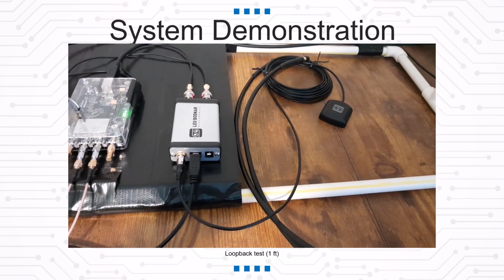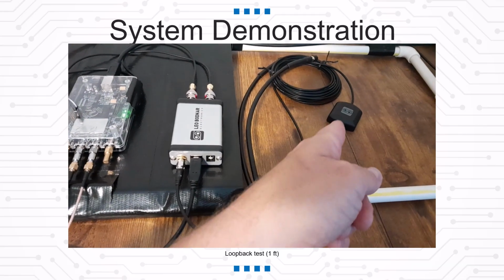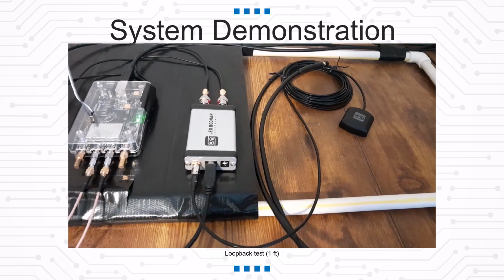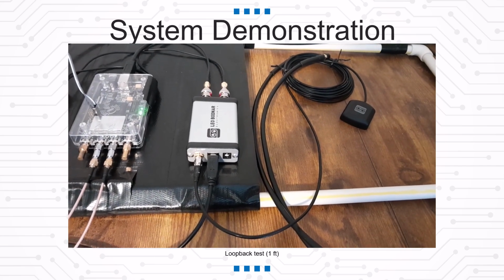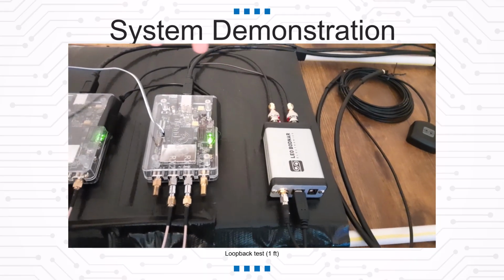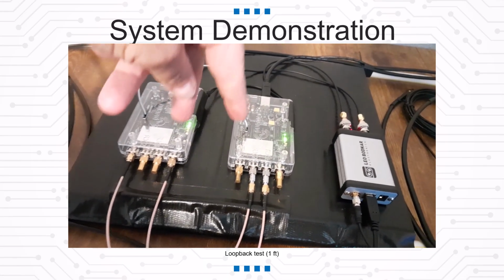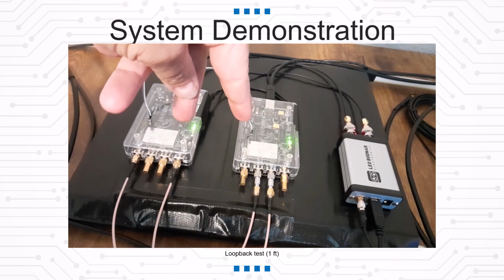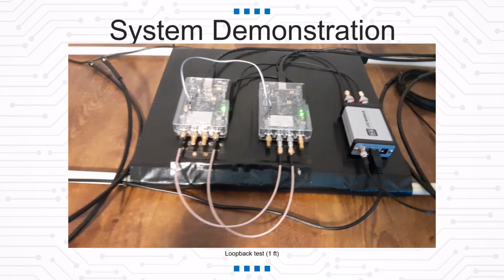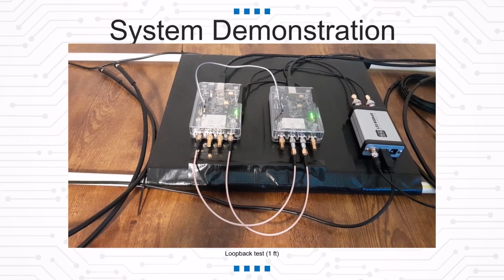On the right, we have a GPS disciplined oscillator. This is the antenna, and it receives a signal from a GPS satellite and outputs two 10 megahertz reference clocks, one to each software-defined radio's internal clock, and that helps with frequency stability.